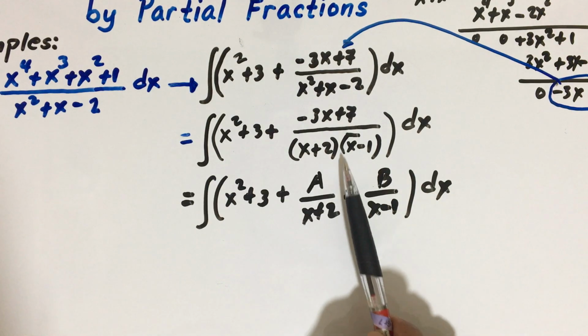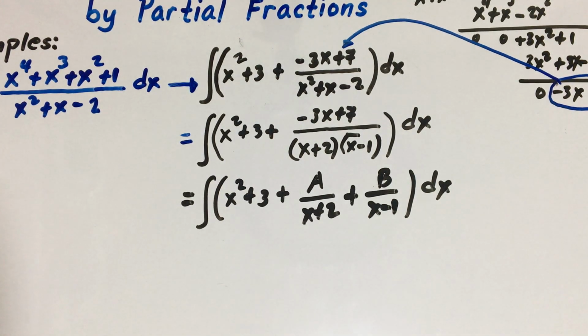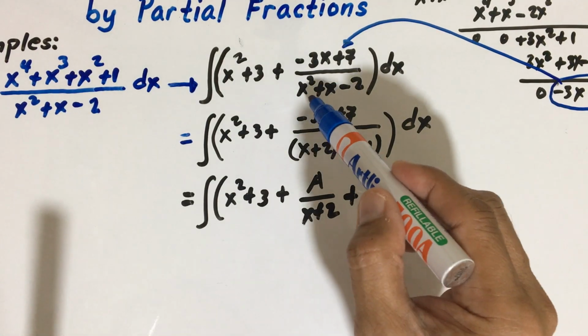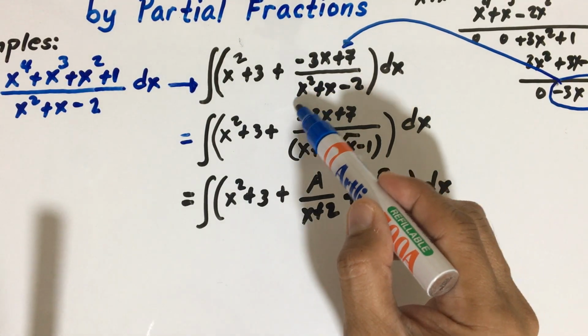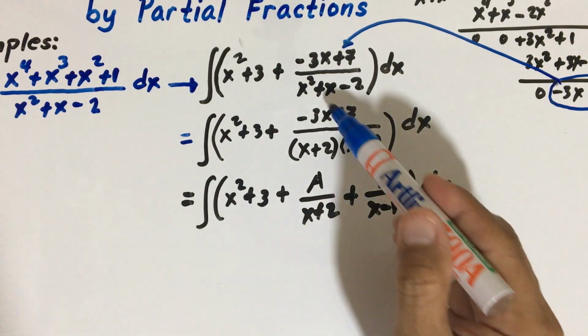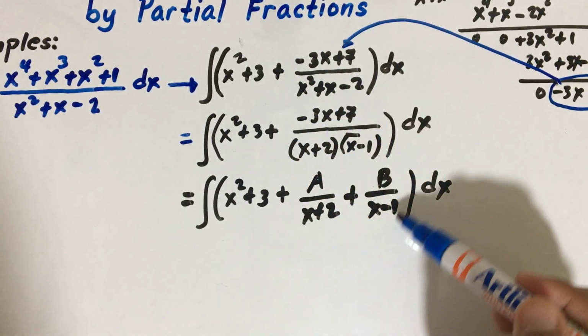So we have this part. Okay, so we'll take this part, class. This one, we have to equate it with this. Meaning this part here, we have to equate with this one.